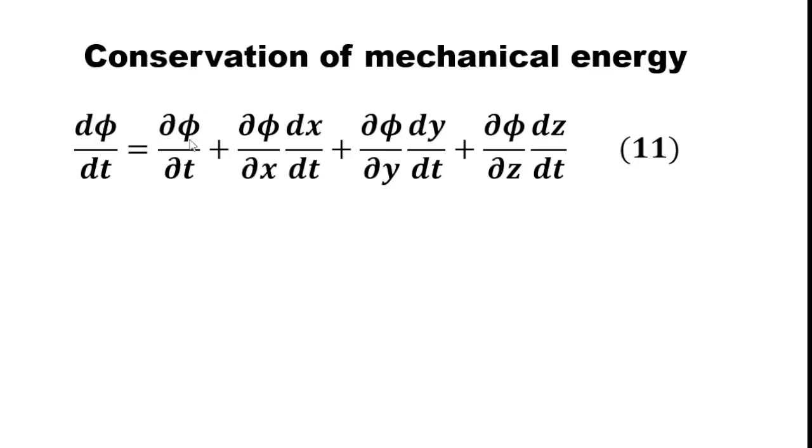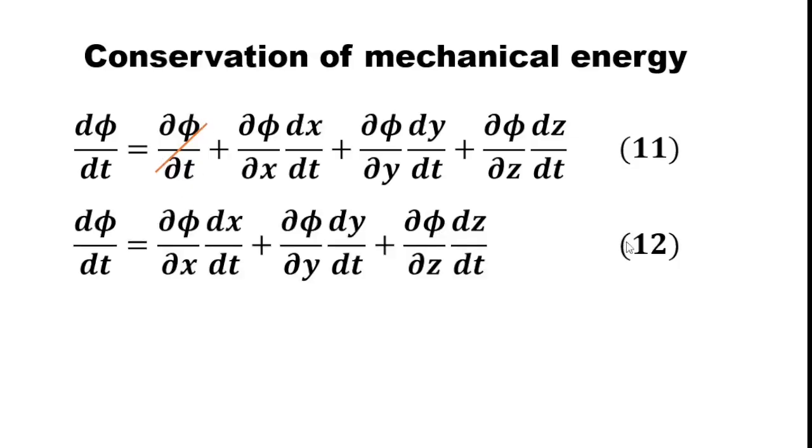But the potential we are considering is the electrostatic potential. It does not explicitly depend on time. Therefore, the partial derivative of phi with respect to time is equal to 0. Taking the partial time derivative of phi equal to 0, we obtain equation 12.